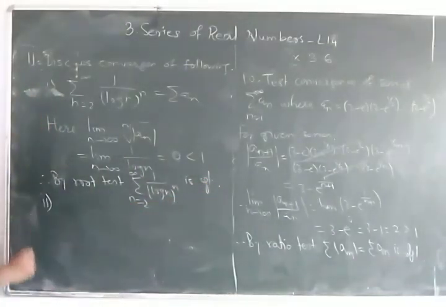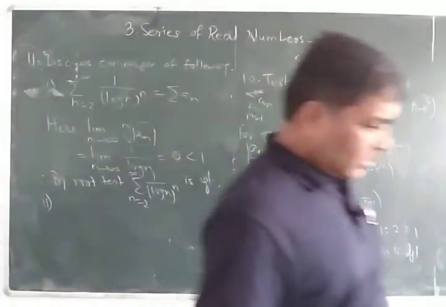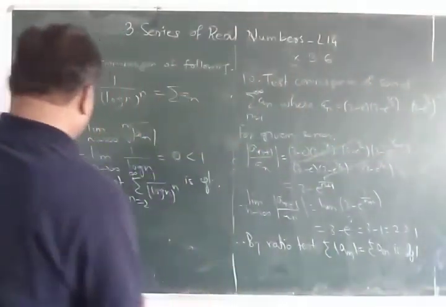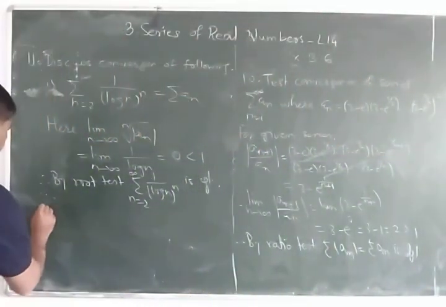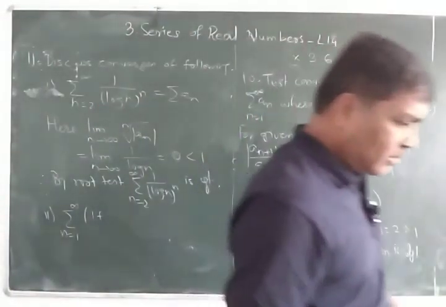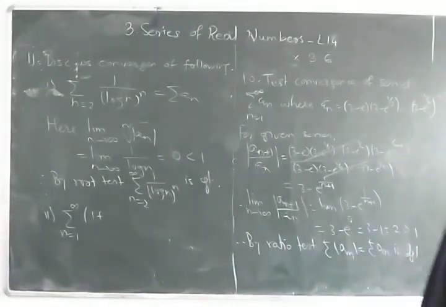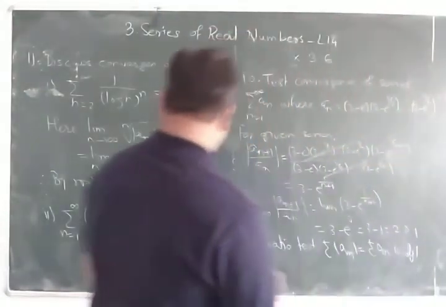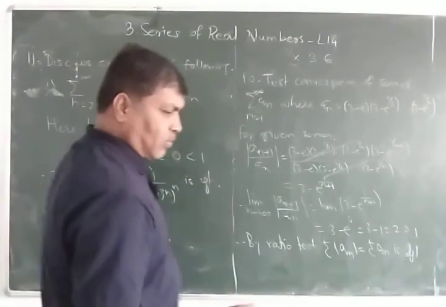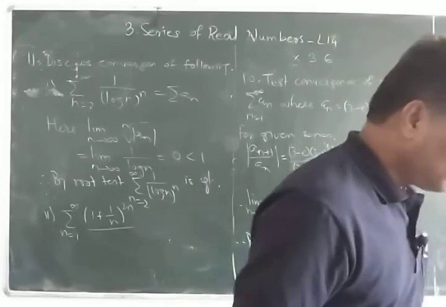Second, summation of n equal to 1 to infinity, 1 plus 1 upon n raised to 2n upon e raised to n.